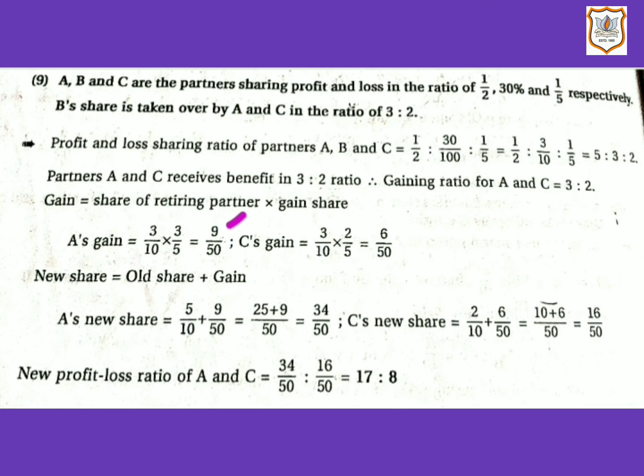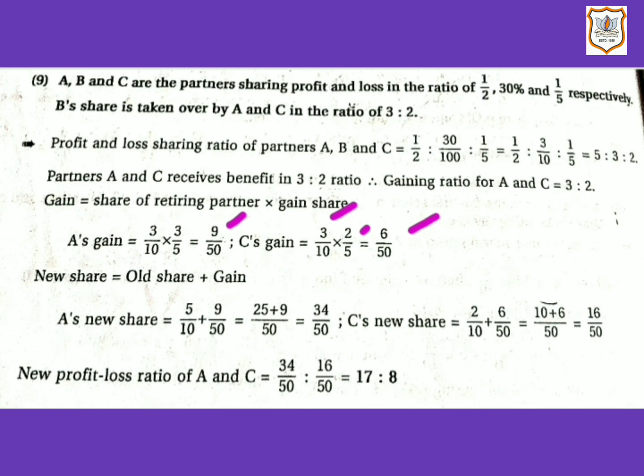Now we will obtain C's gain. Here share of retiring partner is 3/10, multiply by 2/5, that is C's gain share. By multiplying it, we will get 6/50 as C's gain.